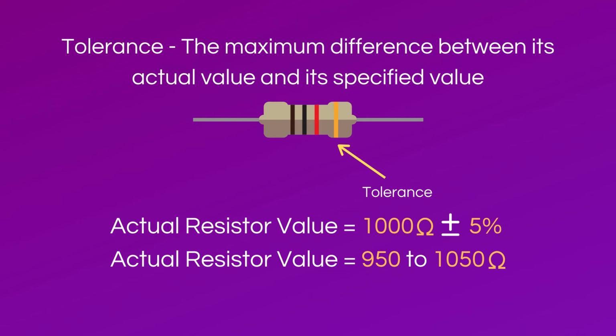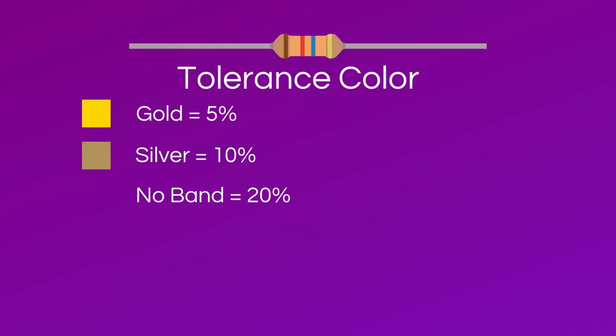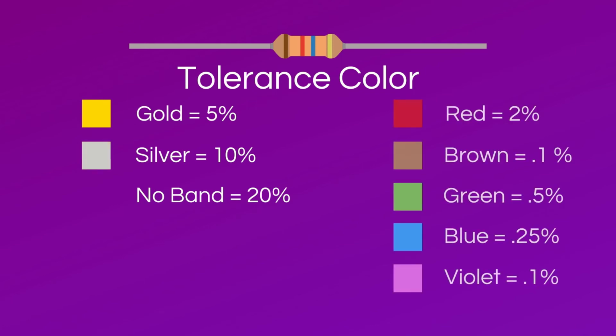If you have an application that requires a precise resistance, ensure that you have a low tolerance. Common tolerance bands are as follows. Gold, as we discussed previously, has a tolerance of 5%. Silver has a tolerance of 10%, and no band has a tolerance of 20%.